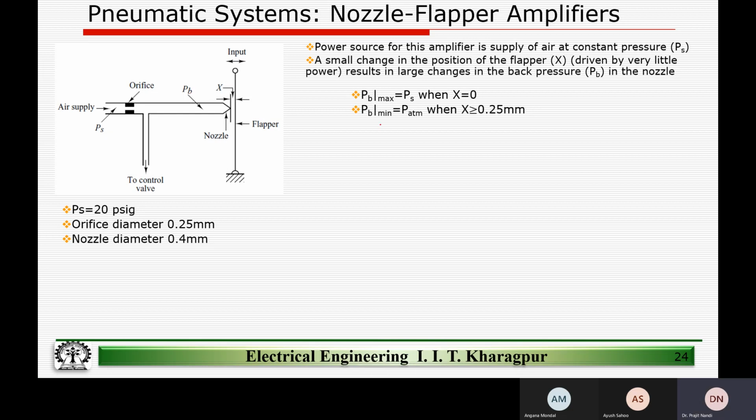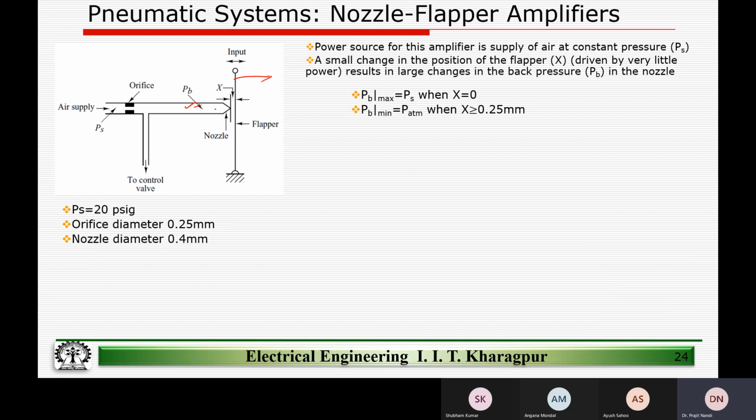And what is the minimum back pressure that we can have at this point? This will be equal to atmospheric pressure, and that will happen when the flapper completely moves out. This air supply is just a supply, and we have atmospheric pressure on this side.